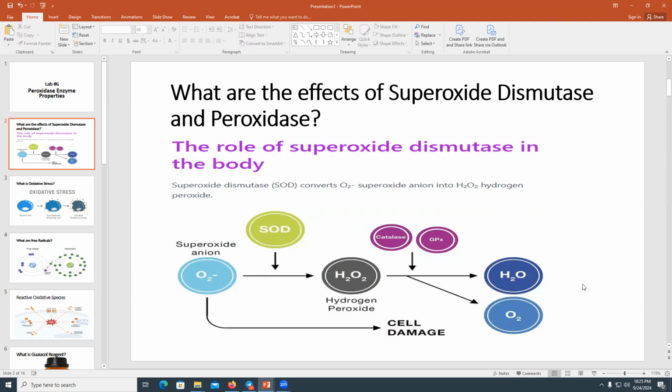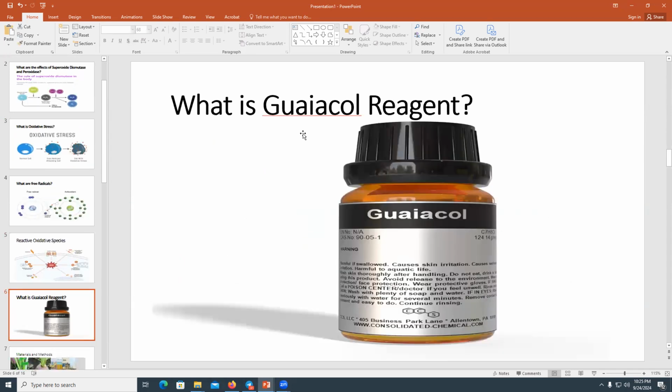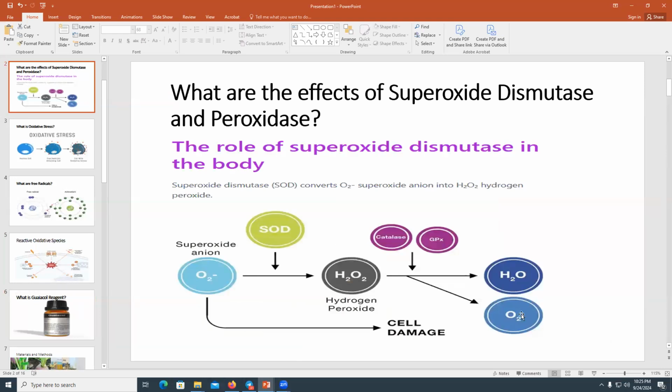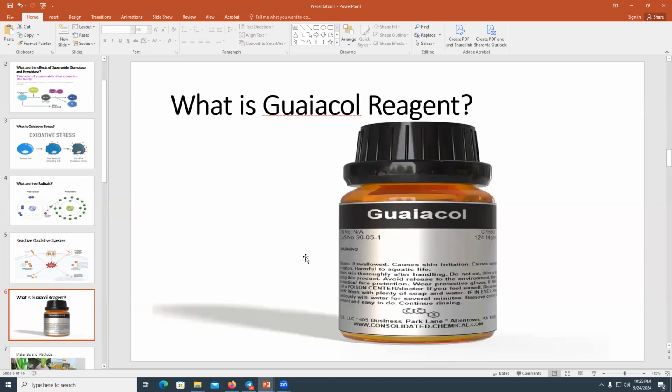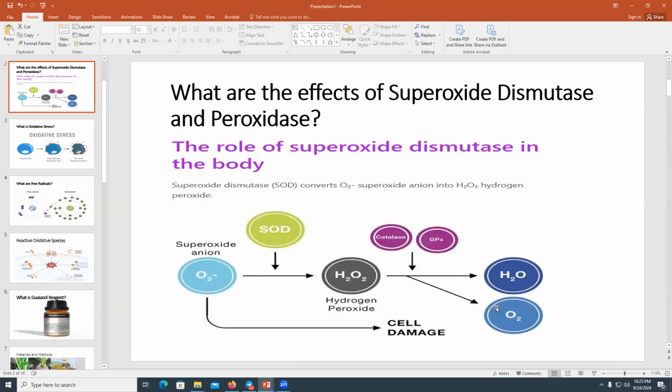Then the second part of the reaction is where Guaiacol comes in. Guaiacol is colorless. And if Guaiacol finds oxygen as a product, in the second reaction Guaiacol is reduced, it has extra electrons. It will donate those extra electrons to the oxygen and it will bind oxygen.